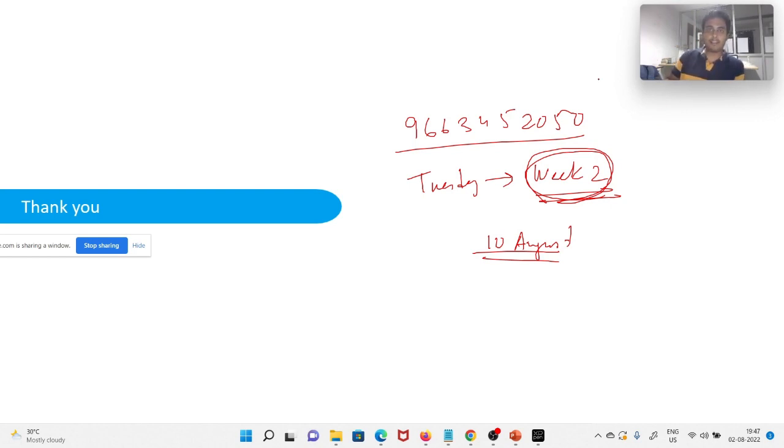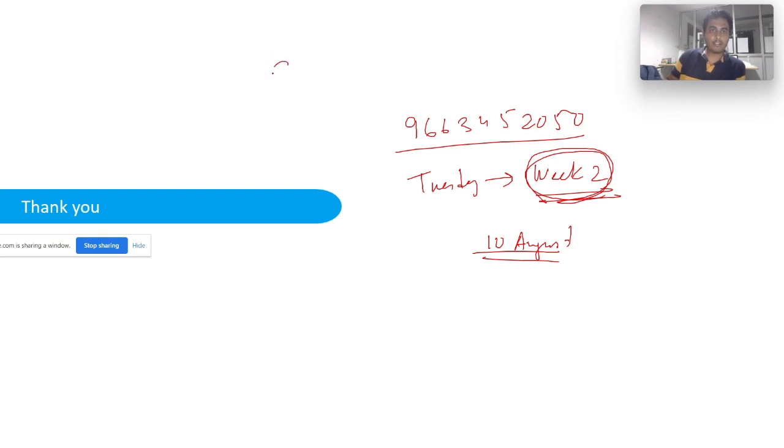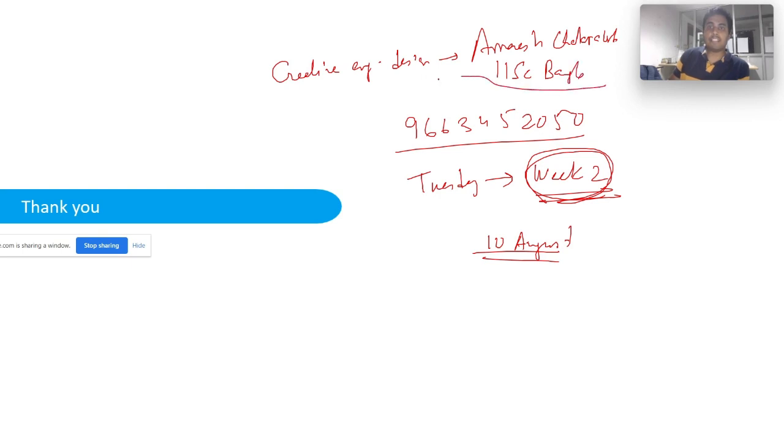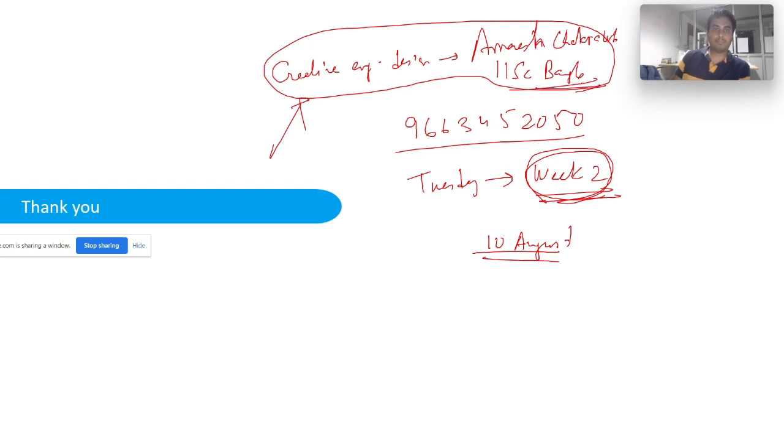I will write here one of the courses: Creative Engineering Design by Amaresh Chakrabarti from IISc Bangalore, as additional content. Apart from this course material, you can also refer to his lectures, and you will have an equal understanding of various topics. His name is Amaresh Chakrabarti from IISc Bangalore.